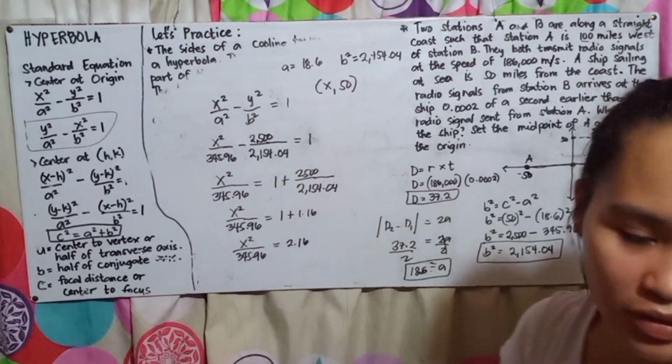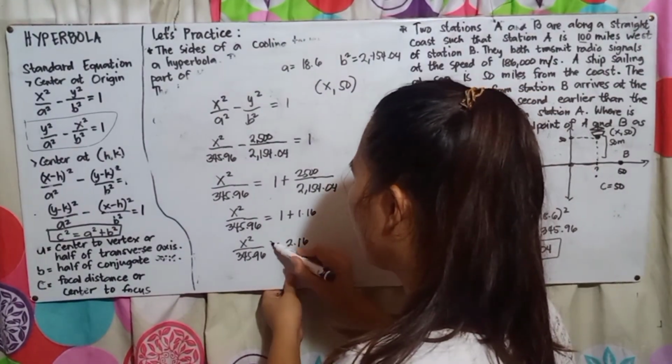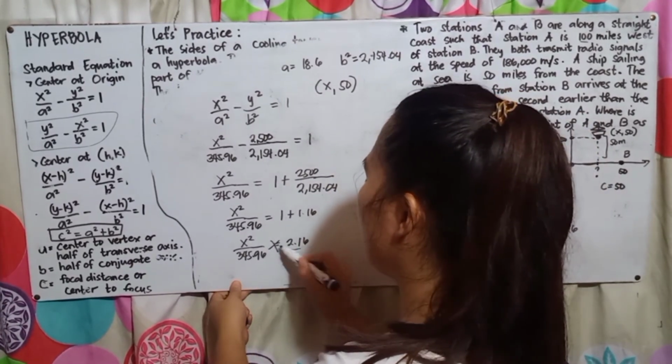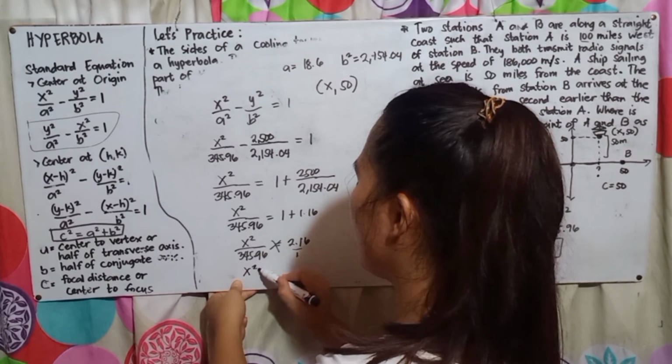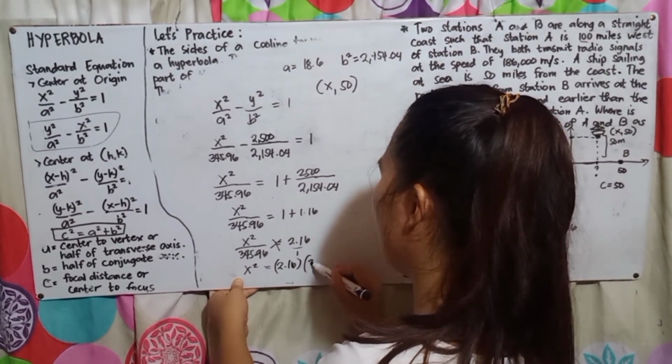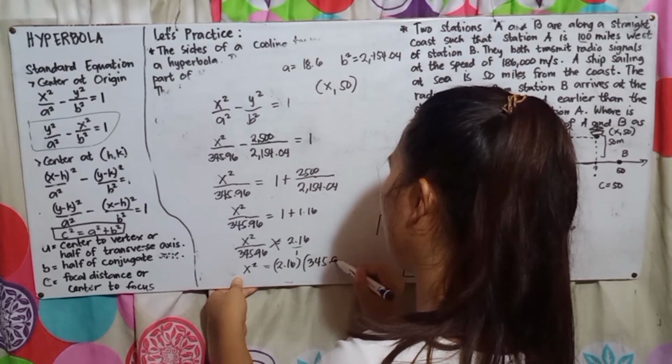Then we cross multiply. Since there is an invisible 1, 1 times x squared is x squared. Then 2.16 times 345.96.